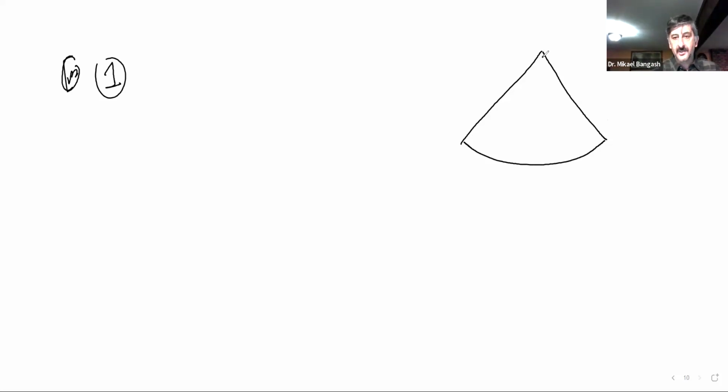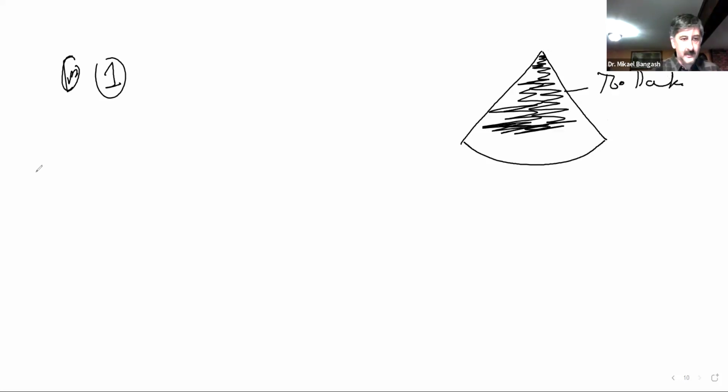Now, what do we have at a shallow depth? It's too dark. And maybe we can say it's okay here, it's okay at the bottom. Brightness, for instance, right?